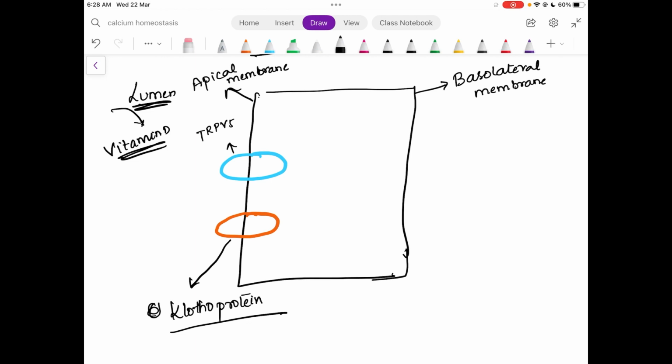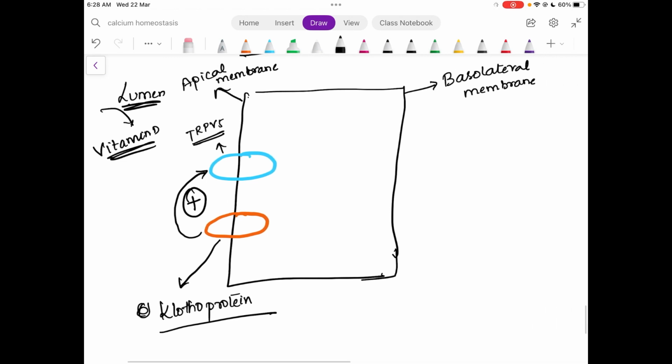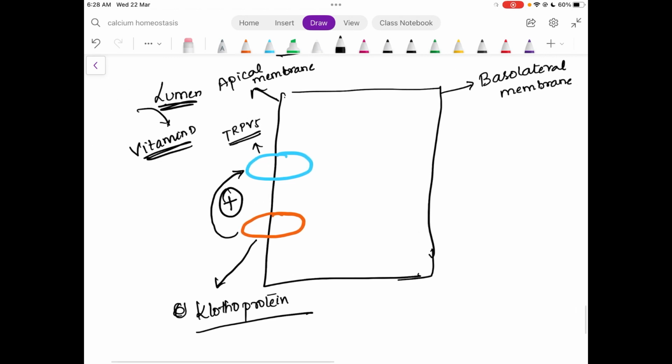This is TRPV5. Okay, this klotho protein increases expression of TRPV5. TRP is transient receptor potential vanilloid family. V stands for vanilloid family, and we have one more, TRPV6, that is present in intestine, which helps in absorption of calcium.